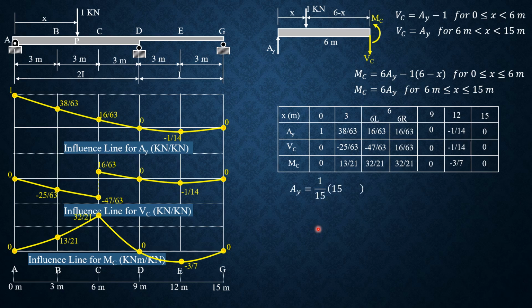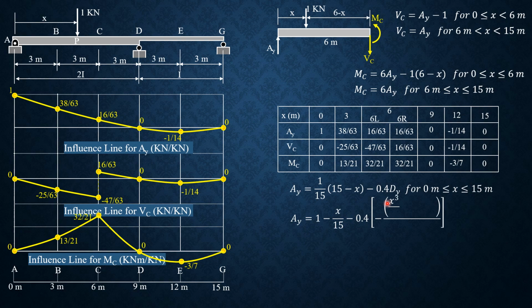So Ay is equal to negative 1 over 15 times 15 minus x, minus 0.4 of Dy, for 0 meters less than or equal to x less than or equal to 15 meters. But remember, Dy has two parts. This is the first part. So 1 minus x over 15, then minus 0.4 of Dy, negative of quantity x cubed over 30 minus 7.74x over 45.36. So if we simplify and combine like terms, negative of negative 7.74x over 45.36 is negative, then minus 1 over 15.